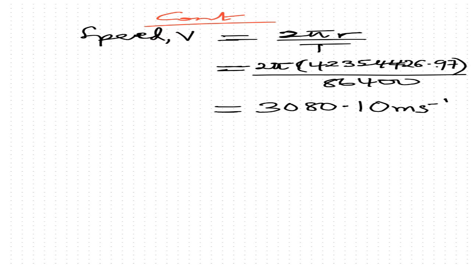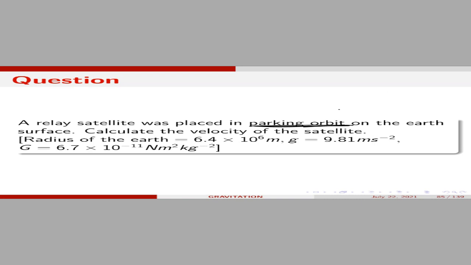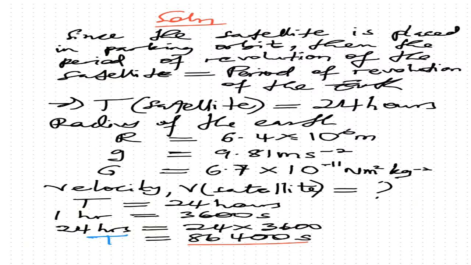Good. So that is how we go about this question. We started it this way. This was a question frame. We were told that the satellite was placed in a parking orbit. So we use the fact that if it's placed in a parking orbit, then the period of revolution of the satellite will be the same as the period of revolution of the Earth, which is 24 hours.